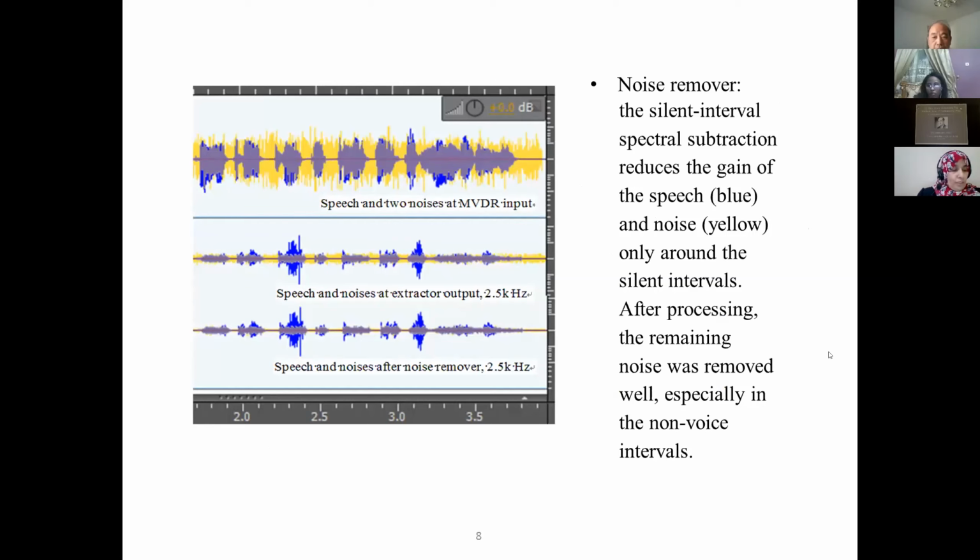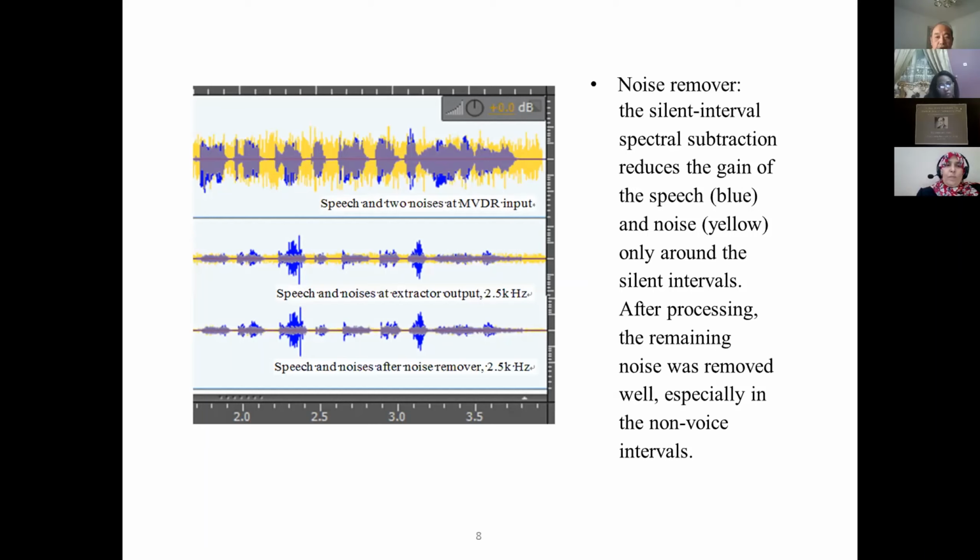The algorithm is silent interval spectral subtraction, which reduces the gain of speech and noise only around the silent intervals. In this picture, the blue color is the speech signal, the yellow color is the noise signal.